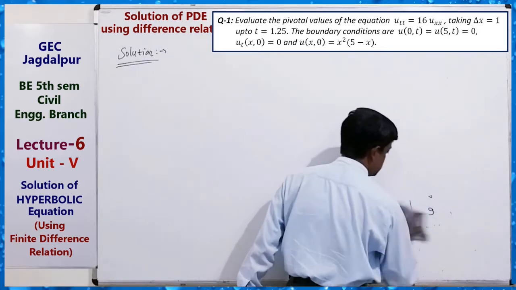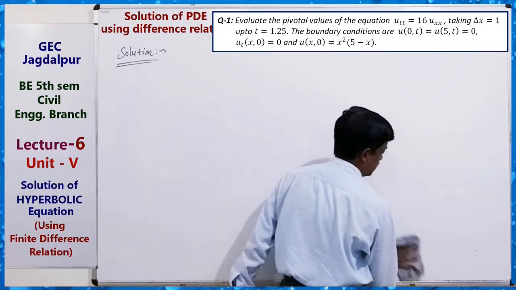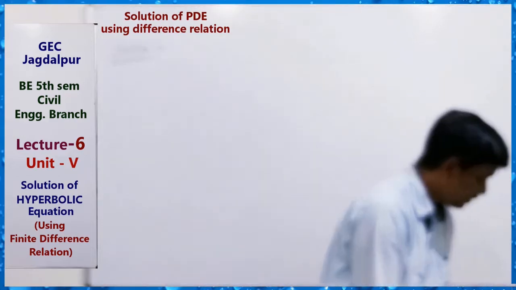The explicit formula is the important formula. Okay. So here the question is given like this.